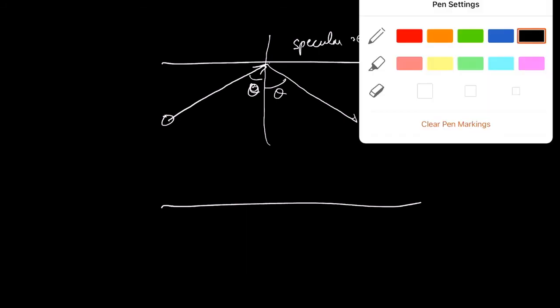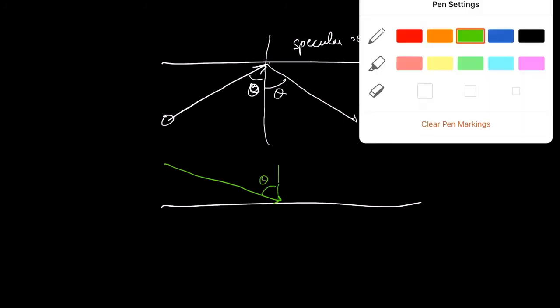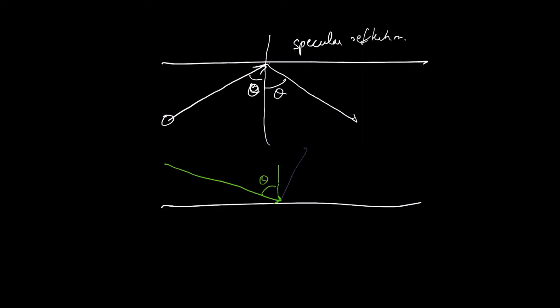And let's say there is another case where now this phonon is approaching some boundary at some angle theta, but after scattering, it could go in any random direction. It depends how the scattering is happening. It could go in all possible directions. So if it scatters like this, we call it diffuse scattering, diffuse reflection, sorry. And this is our specular reflection.